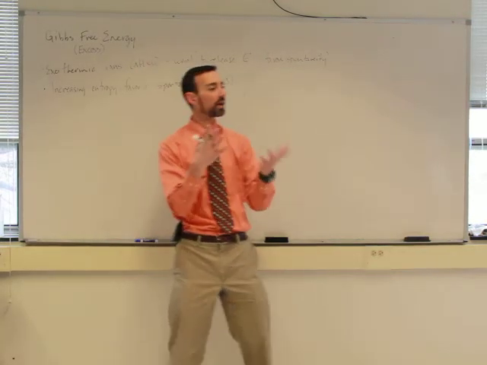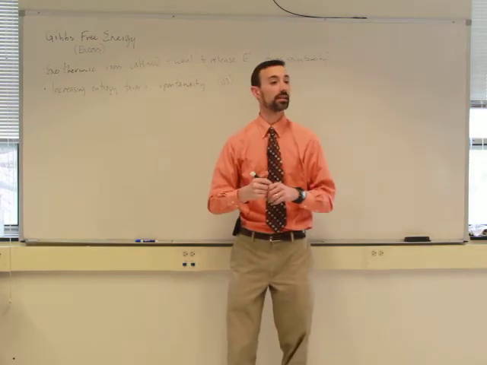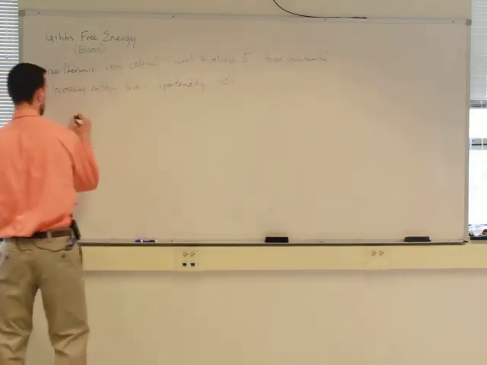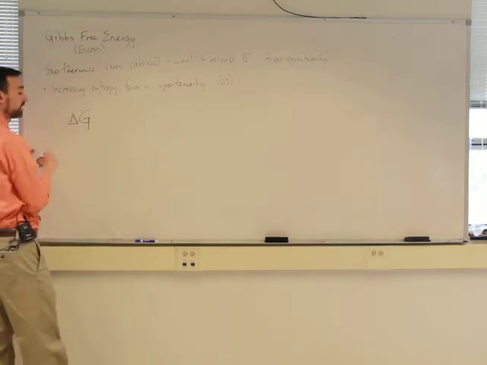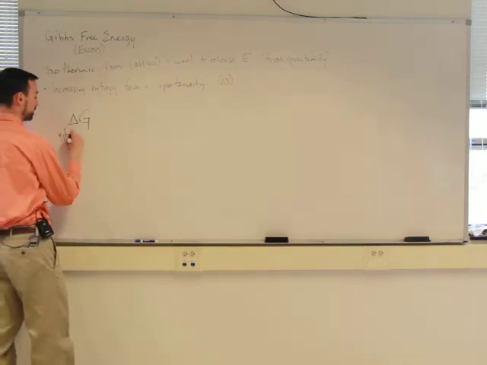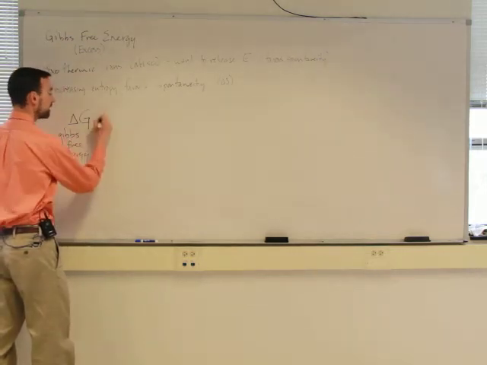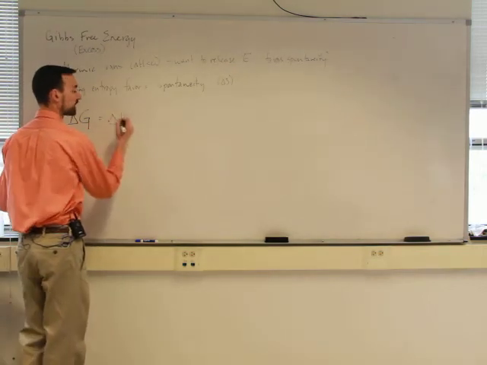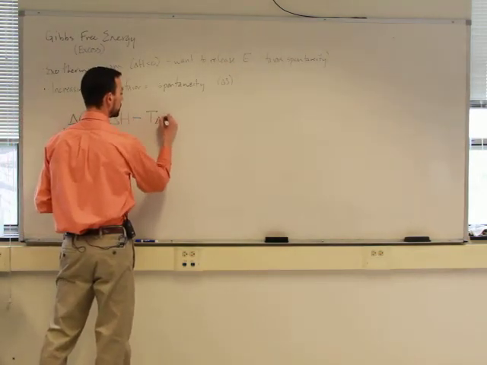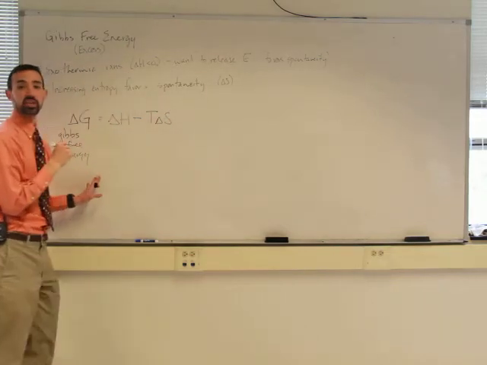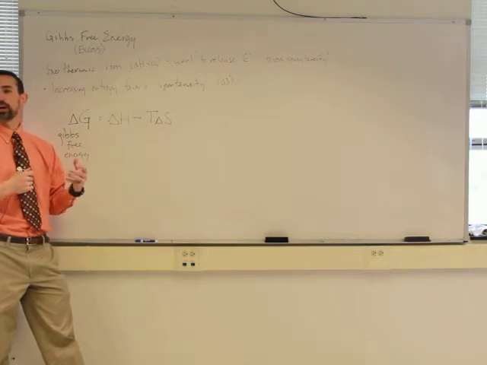So we have to figure out how do we put these two against each other, and it was Gibbs who did this. So the Gibbs free energy, the change in the Gibbs free energy, delta G, is the enthalpy change of a process minus temperature times the entropy change. Okay? So here's where my lottery analogy really works, right?